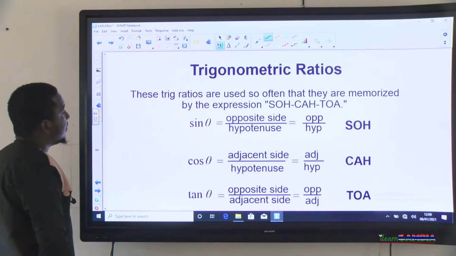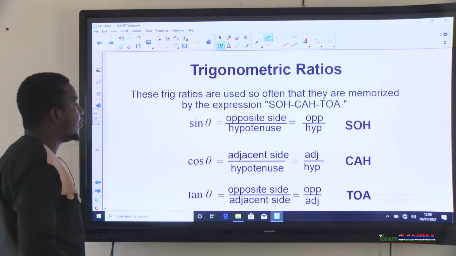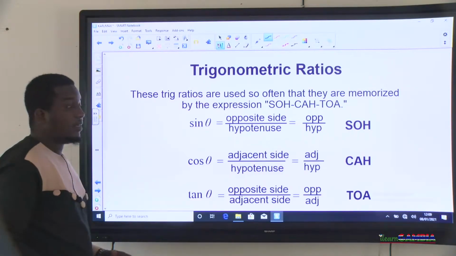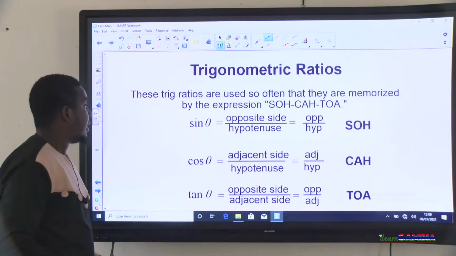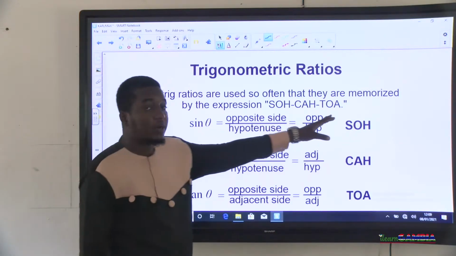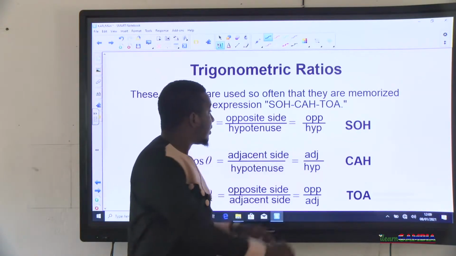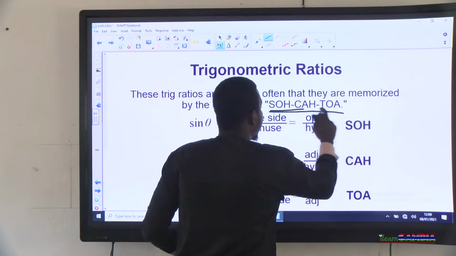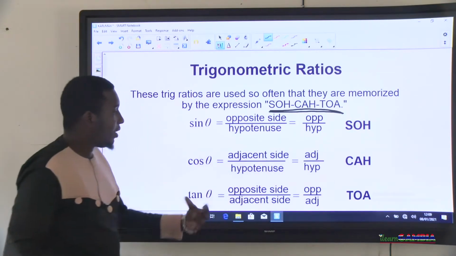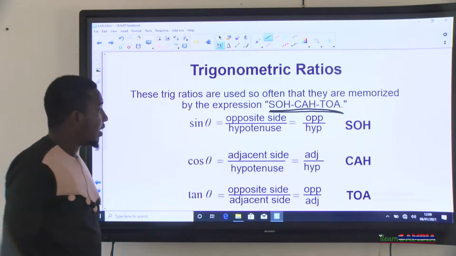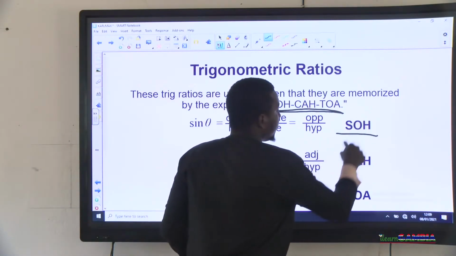These trig ratios are used so often that they are memorized by the expression SOHCAHTOA. The expression SOHCAHTOA will help us to remember the formula. Here is SOH.